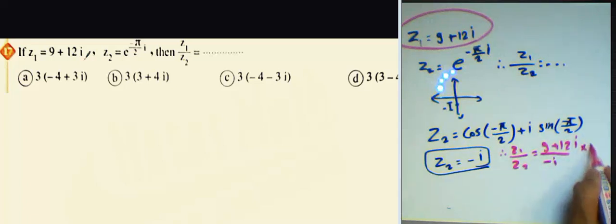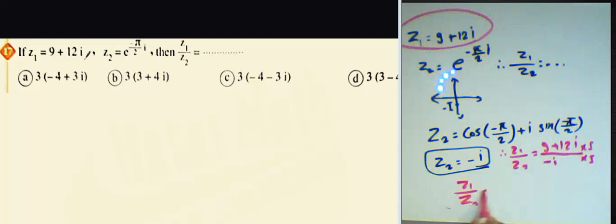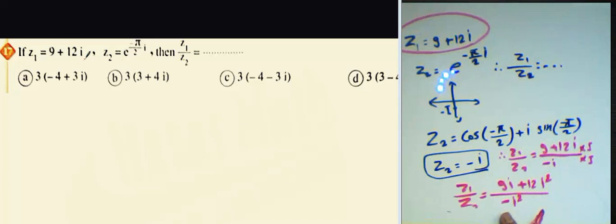Multiplication here by i and here by i to simplify this result. Then z1 over z2 equals 9i, okay, plus 12i power 2 over negative i power 2. We know i power 2 equals negative 1, negative times negative equals positive, and i power 2 equals negative 1.